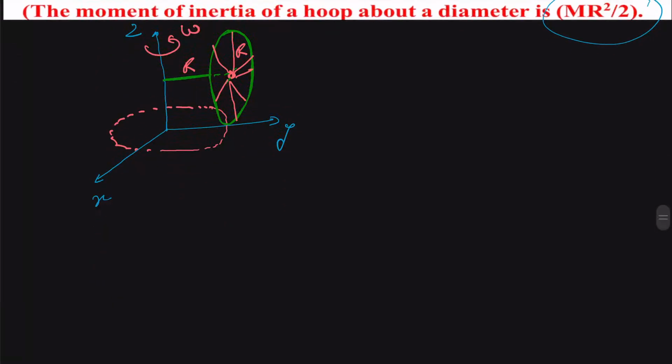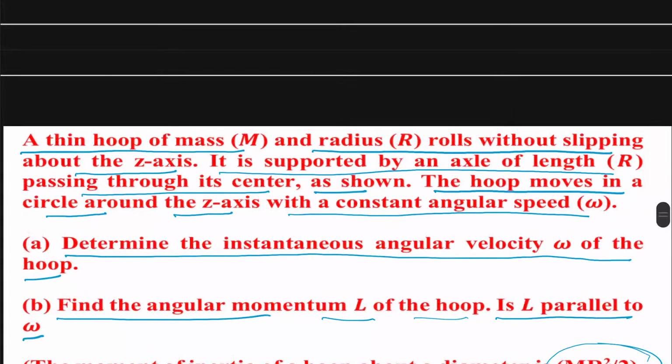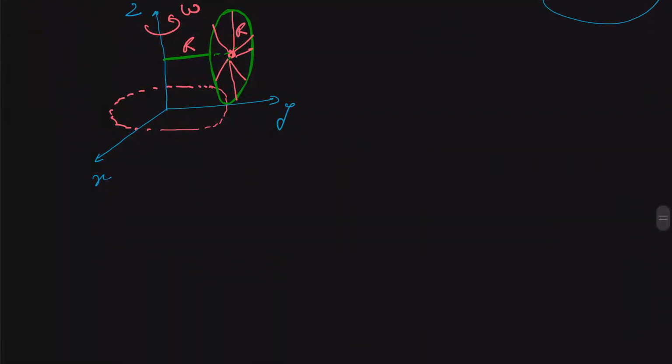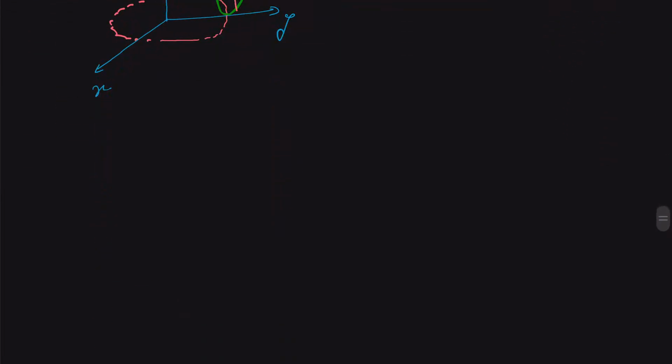So we have to write it in two ways. In order to differentiate, we can use a separate notation. So let us solve our part A, the instantaneous angular velocity, that is our omega.